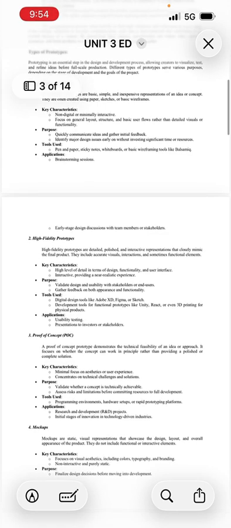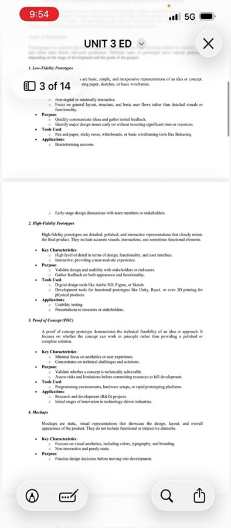The purpose is to validate whether a concept is technically achievable and assess risks and limitations before committing resources to full development. The tools used are programming environments and hardware components, and the application is research and development and the initial stages of innovation in technology driven industries.